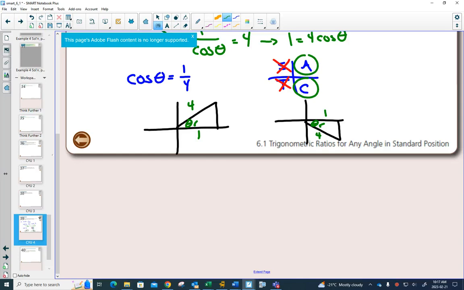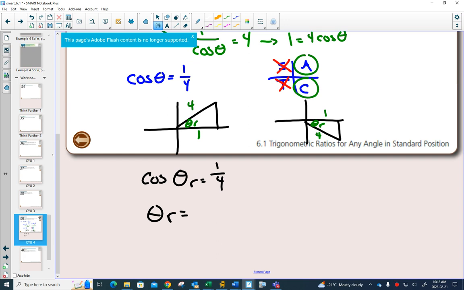Now, if you went back to grade 10 trigonometry, can you see that you could figure out your reference angle? Because figuring out your reference angle is based on the actual triangle. Cos of my reference angle is also going to be 1 over 4, because I've drawn my reference angle in those triangles. And if I want to find my reference angle, what did you have to type in your calculator from grade 10 and 11?